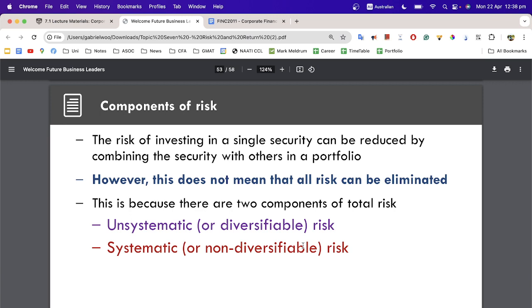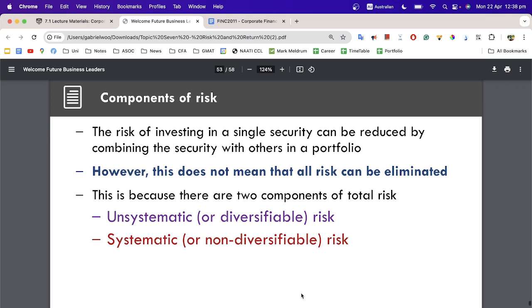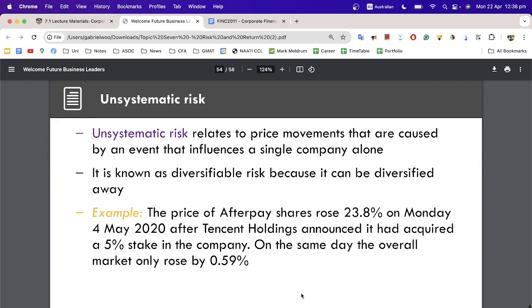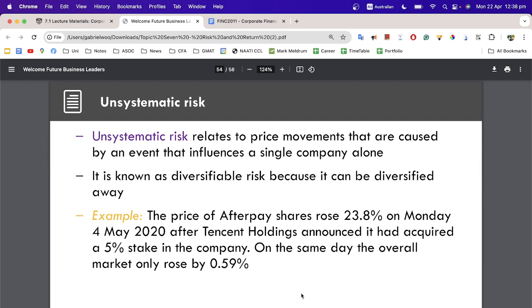However, systematic risk is non-diversifiable, for example, oil prices or risk-free rates. Unsystematic risk relates to price movements that are caused by events that are influenced by a single company alone. So company management, company cost structure, company supply chains, for example. This could be reduced through diversification.